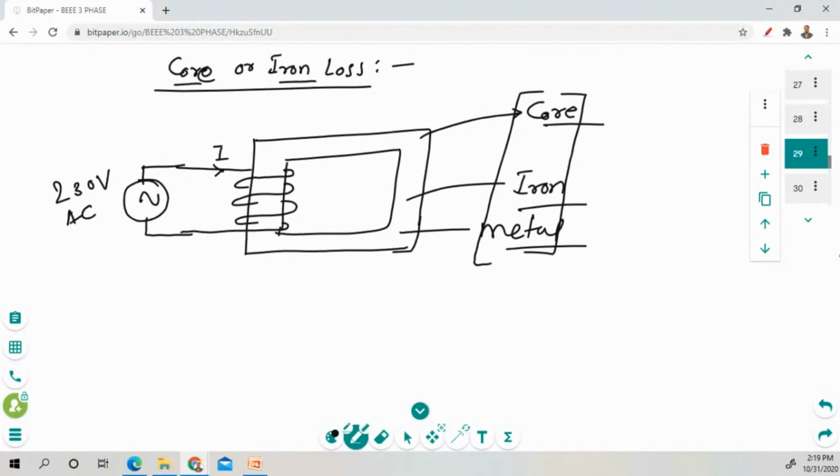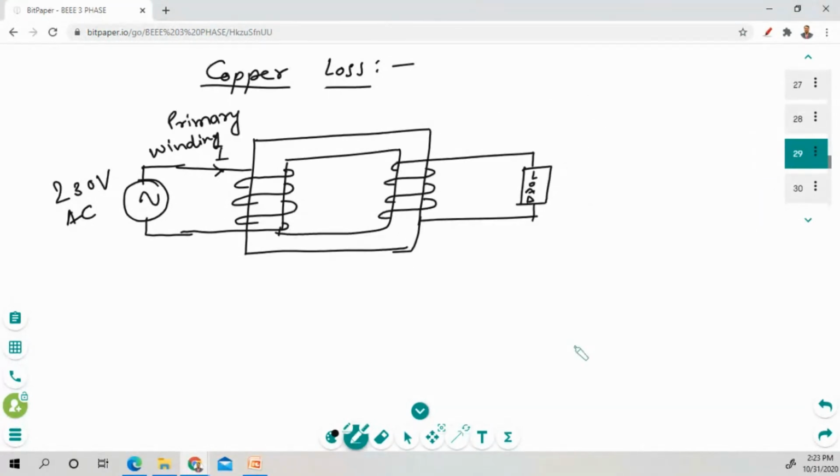When you place some impurities in this material, more losses are generated. There are two types of winding, as we have discussed earlier. When you give the input supply to this winding, it is called the primary winding. When you take the output on the other side, it is called the secondary winding.